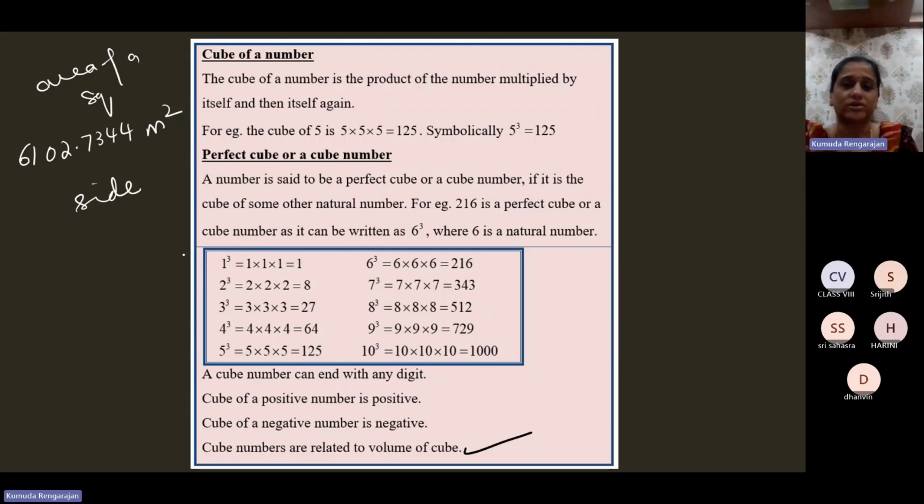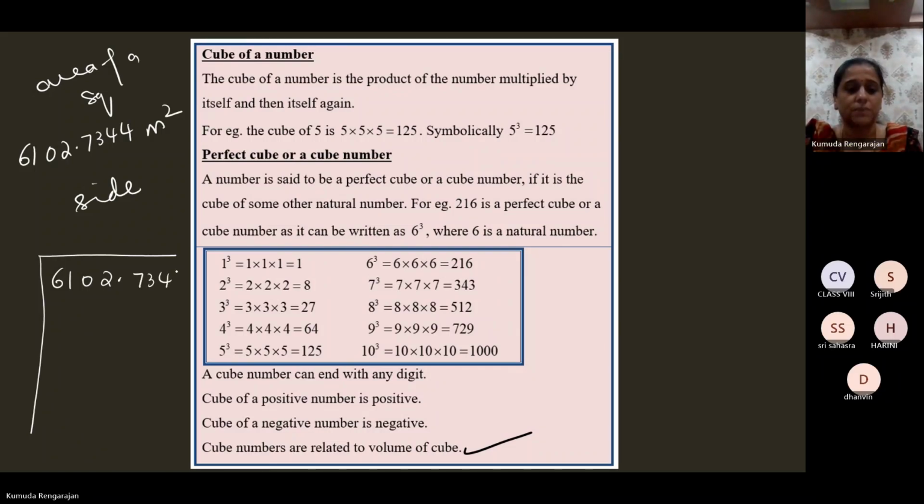Find the side of the square. So you just have to find the square root of the area using the long division method. Whatever you get here is the side of the square.